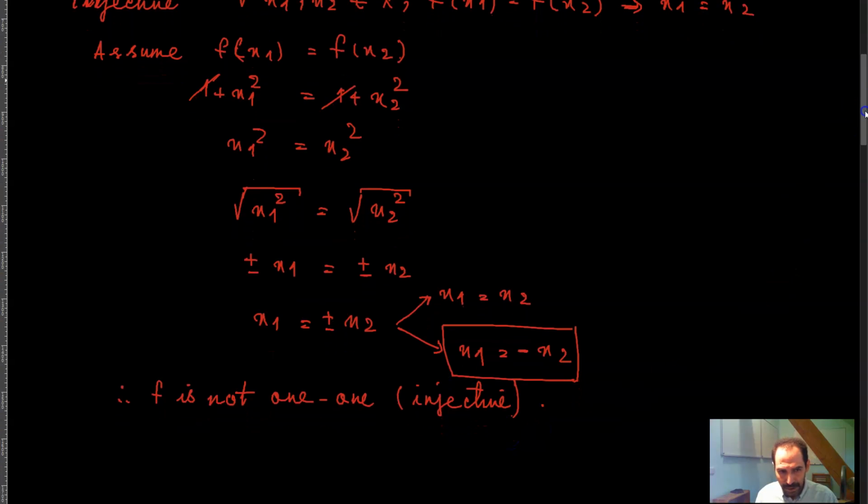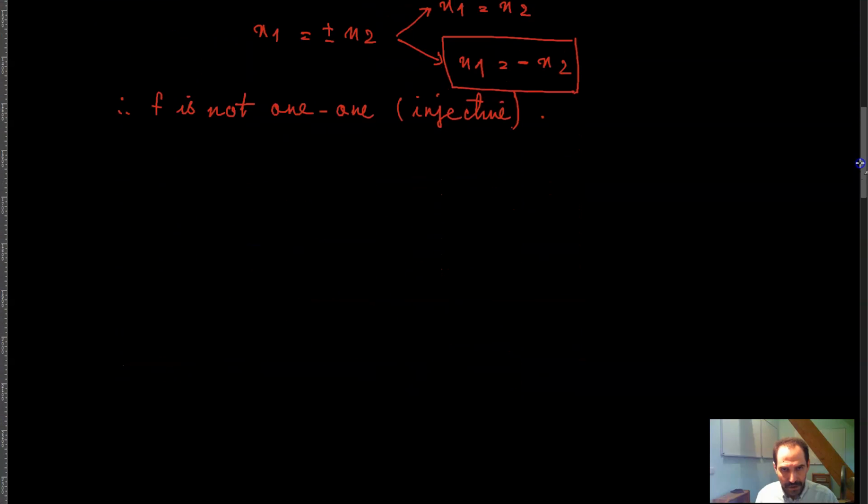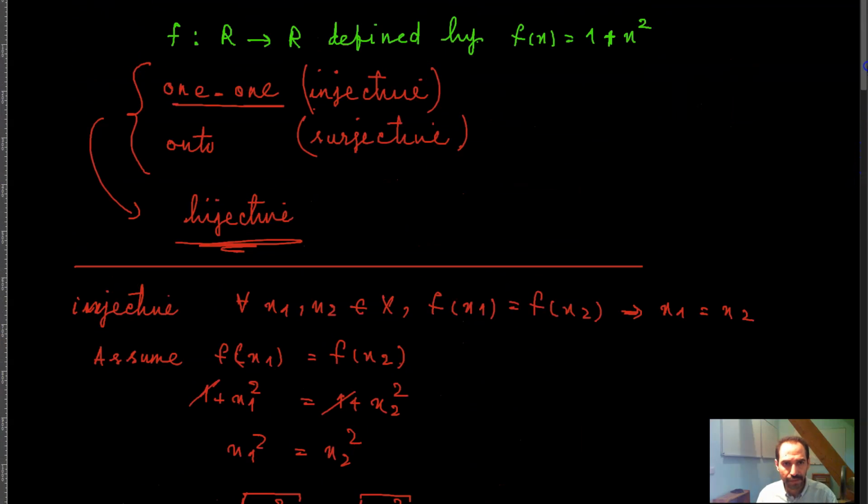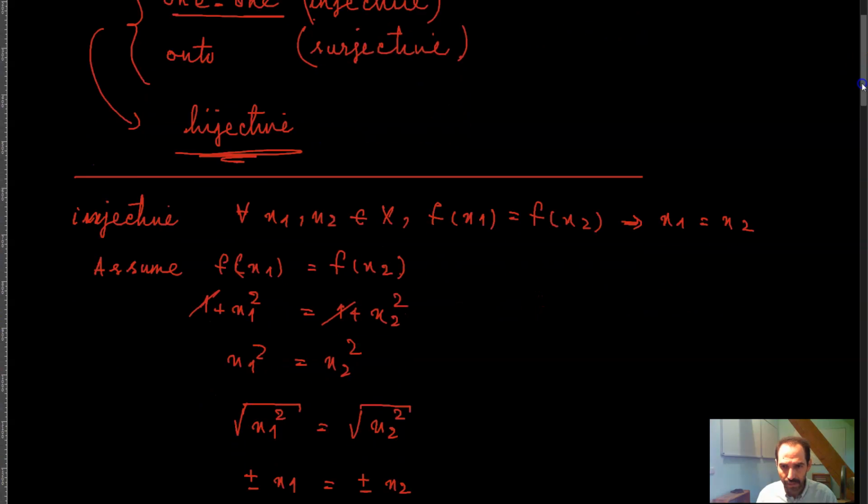Now, in order to check whether f is surjective, you need to show that every element in the codomain of the function, which is this set over here, is an image of some element in the domain of the function.